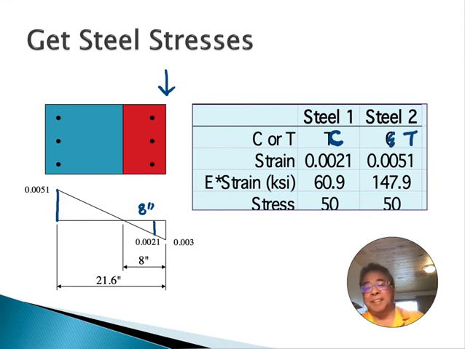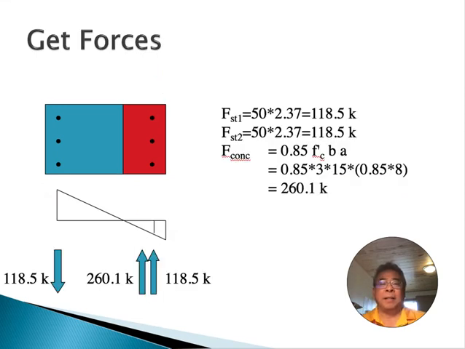Compression and tension. Okay? So now that we know the stresses in the steel, we can get the forces. Lucky for me, even though I had it backwards, C and T, they were both 50. There's 2.37 square inches of steel on both sides, and they're both at 50 ksi.